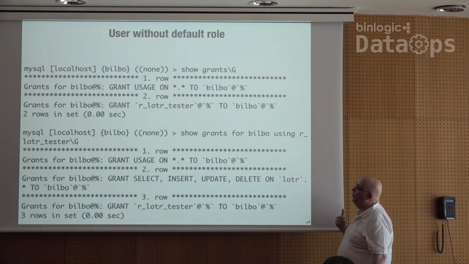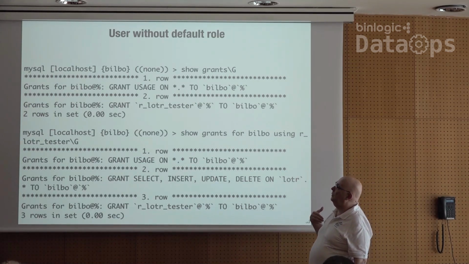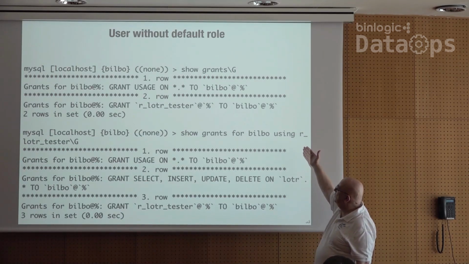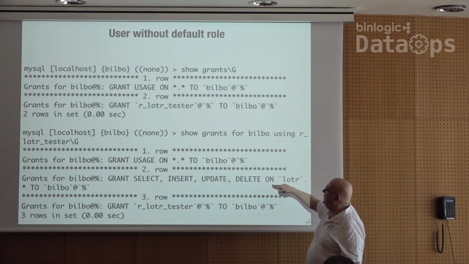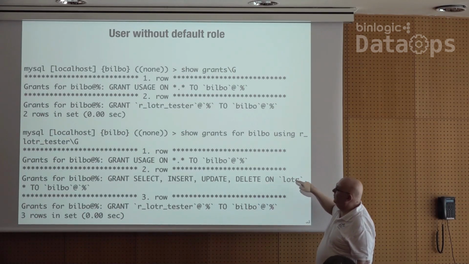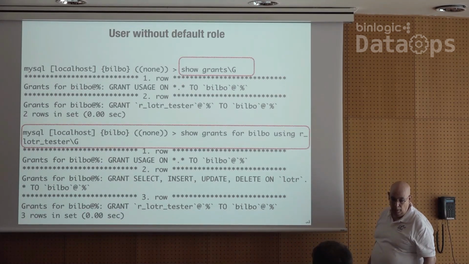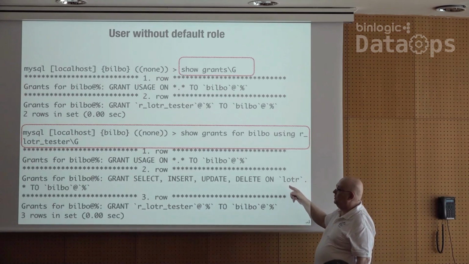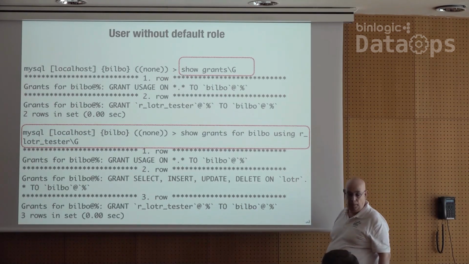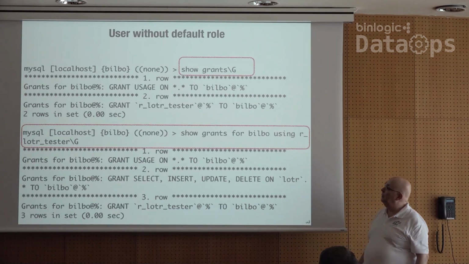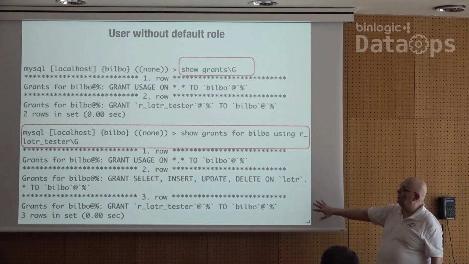If you want to see what that role would imply, you say show grants for that role using the name of the role. And in this case, you will see the privileges that belong to that role, but the role is not active yet.